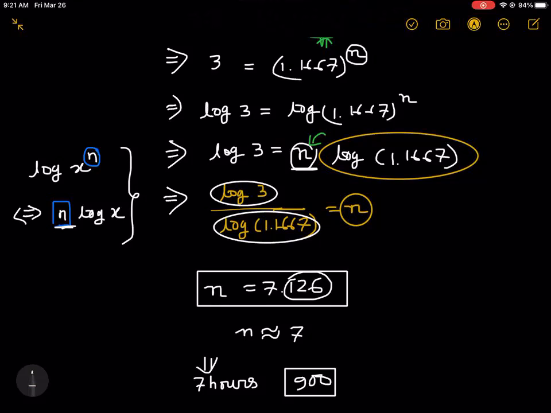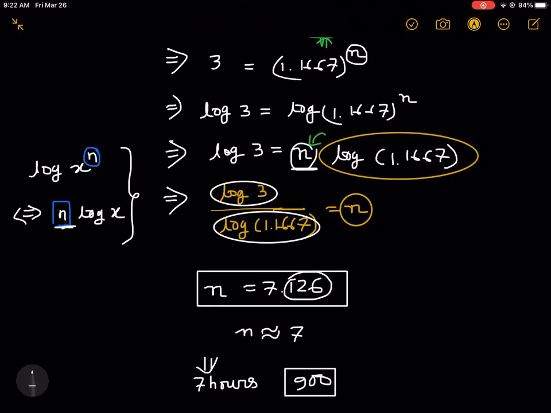For a problem like this, is it not quicker to mess around with the value of n to find 900? Did you mean that you can plug in different values of n and check? Exactly.